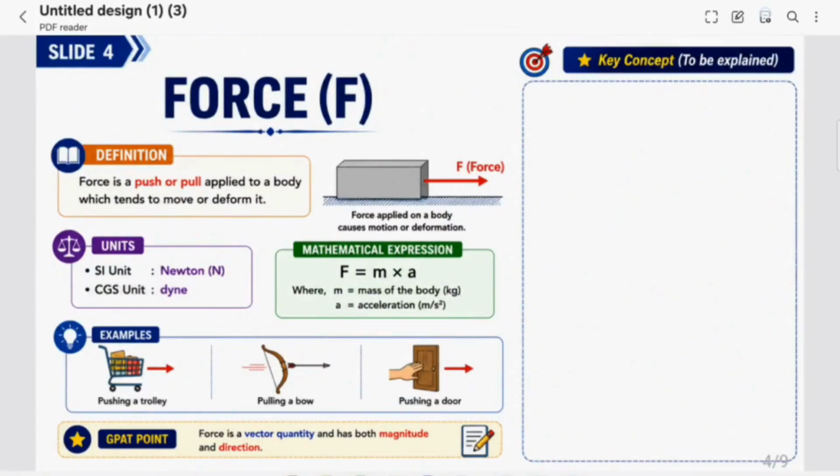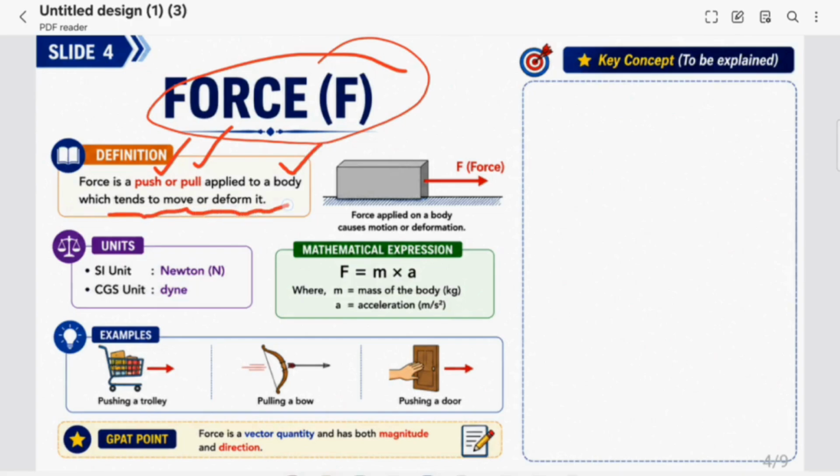Now, what is force? Force is defined as a push or pull which is applied to a body which tends to move or deform it.